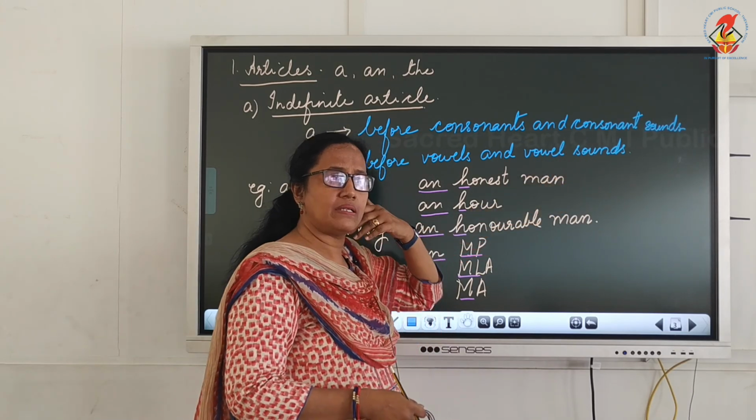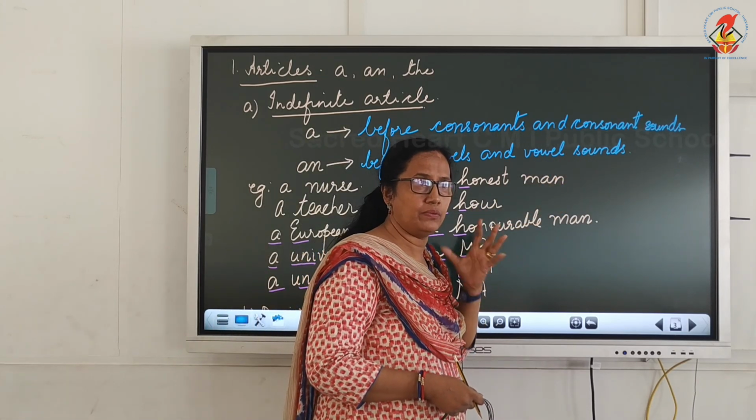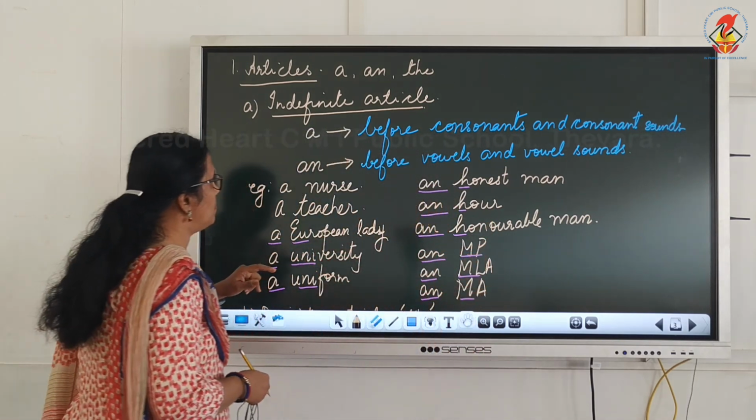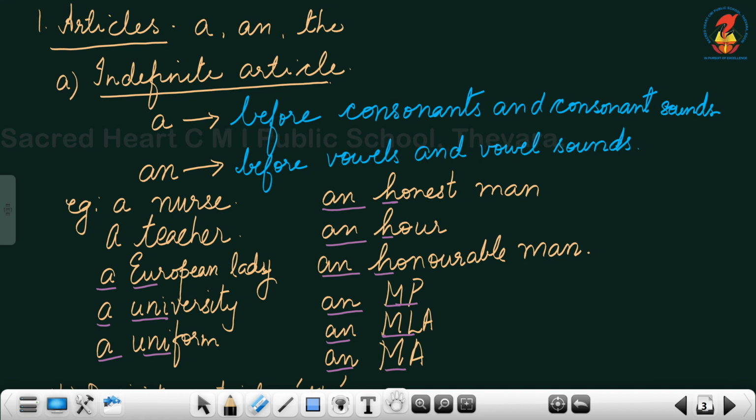You must have heard about it, but you mustn't have paid attention to it. But now listen carefully. On my left side I've given you some examples with the article a, and on the other side I've given you examples using an. Now you will come to know what consonant sounds and vowel sounds are.